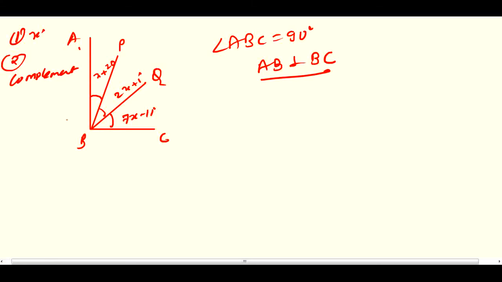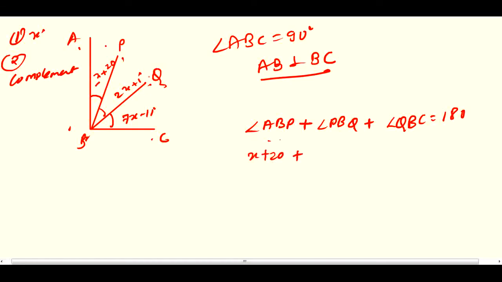The first one is angle ABP, plus PBQ, then the third is QBC, equals 180 degrees. Now ABP is x plus 20, PBQ is 2x plus 1, then QBC is 7x minus 11, equals 180.